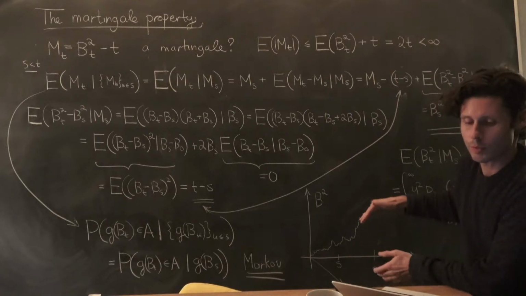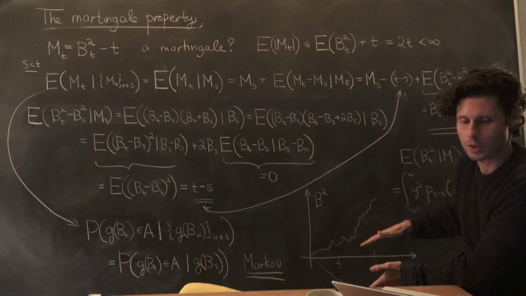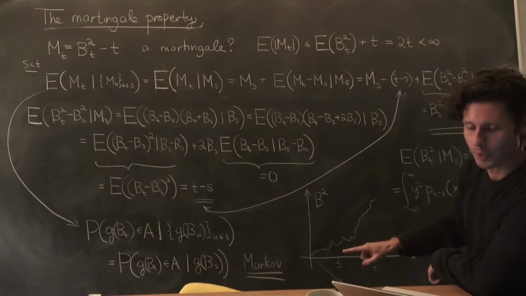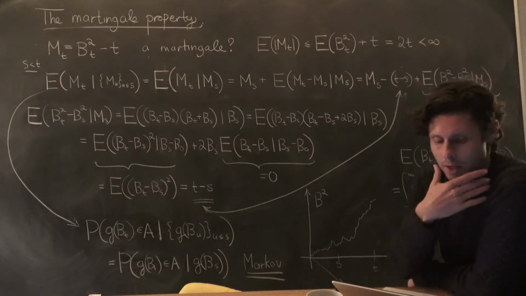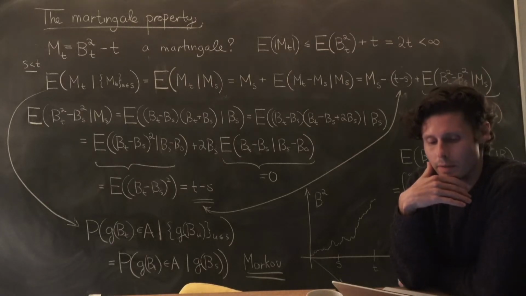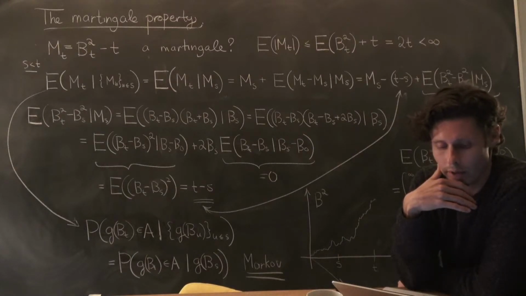When you superimpose these two, you add these two functions together, and over there you're just subtracting a t. It's the same thing. We're hoping to get something that will stay around the same value, so that the expectation of the future is basically wherever we are now.